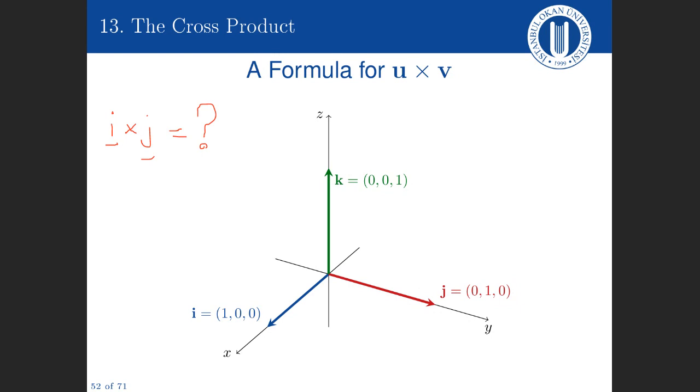Hold our left hand up so that our second finger points in the same direction as I, and our first finger points in the same direction as J. And then we ask, which direction is our thumb pointing? And if you hold your hand up to the screen, use your left hand, you should see that your thumb is pointing in the same direction as K. So I cross J must point in the same direction as K.